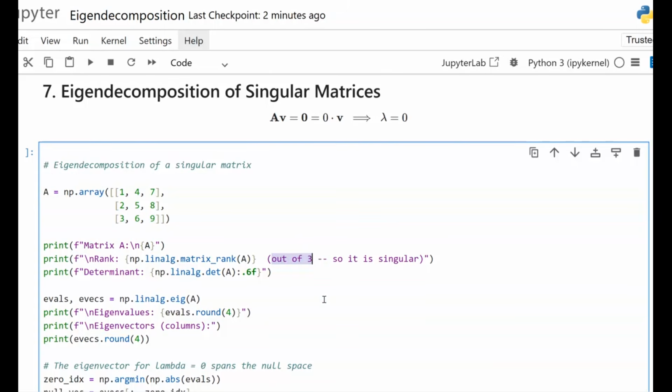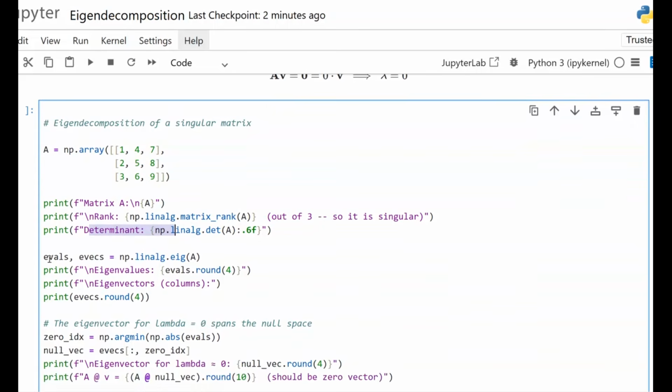Okay, let me see, and let me determine the determinant too. And dear friends, kindly observe, here we are defining the eigenvalues and eigenvectors. Yes, of course, typically one eigenvalue would be 0, and two eigenvalues are non-zero.